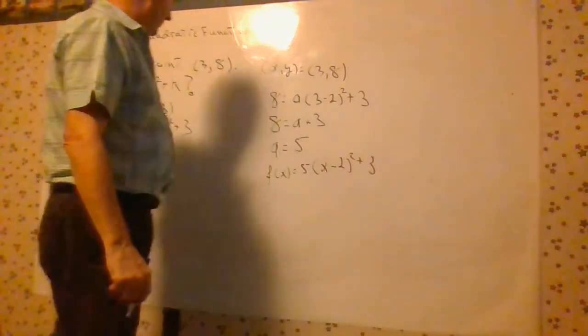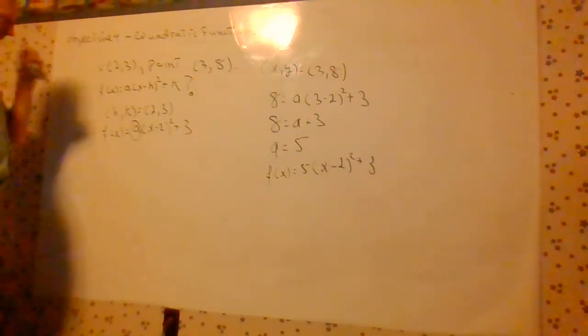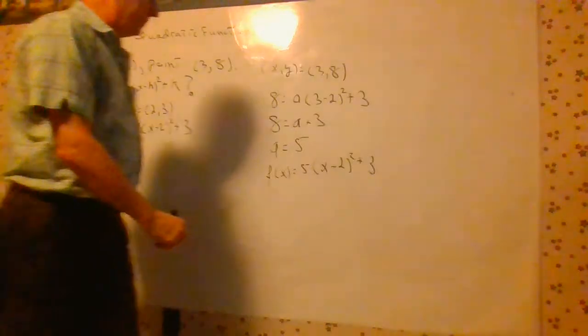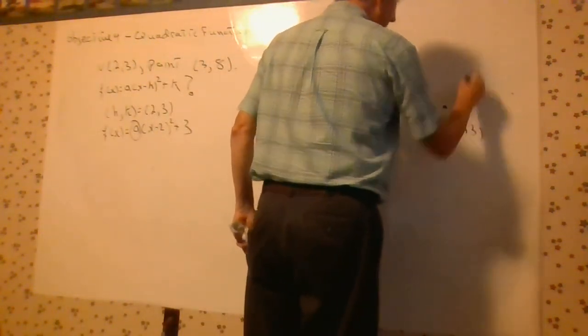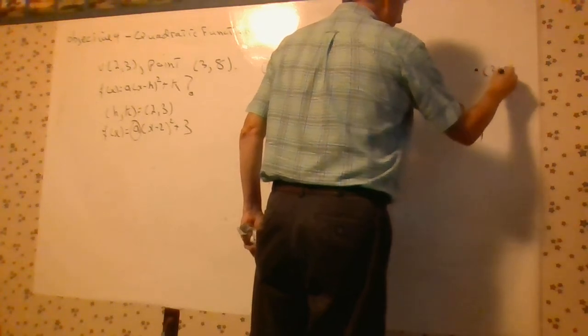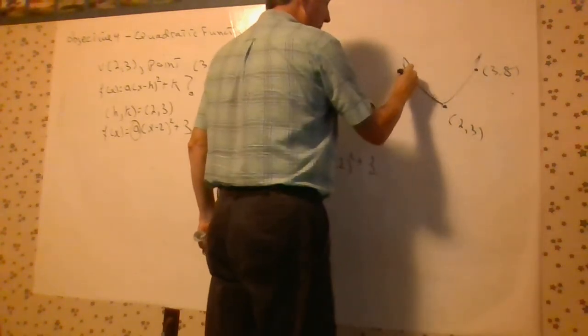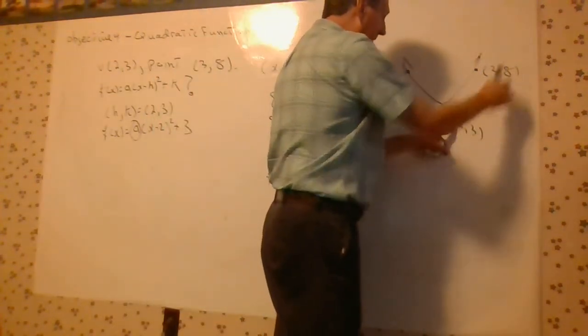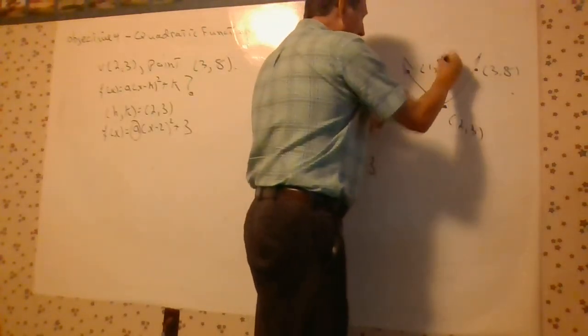Another way to go about this, by the way, there are other ways to solve this problem, is if we have the vertex here, 2, 3, and this point is 3, 8. By symmetry, there's another point over here. If you go to the right 1, we go up to 8. If you go left 1, we also go up to 8.